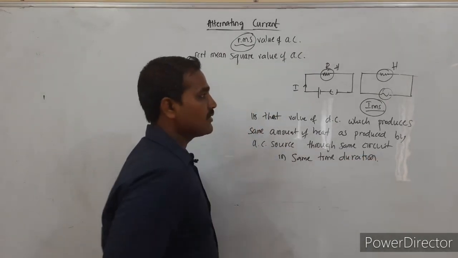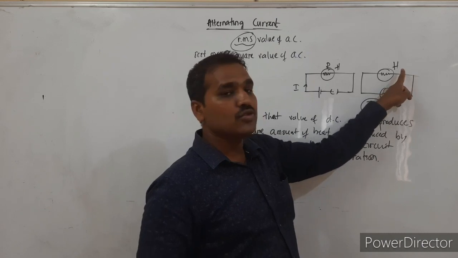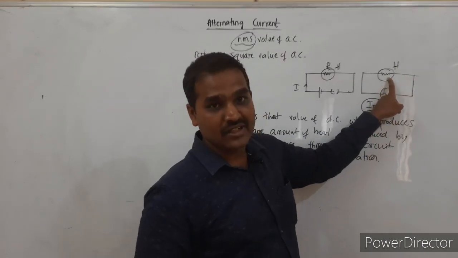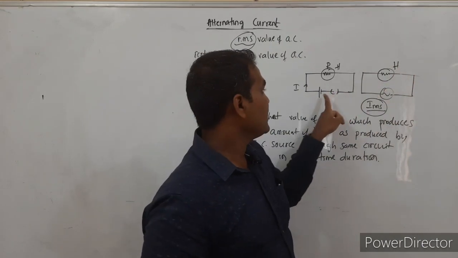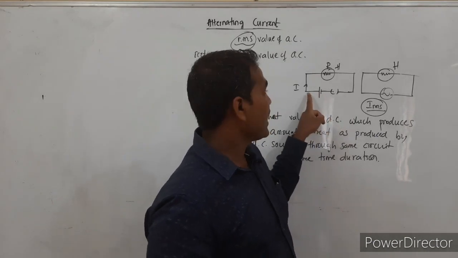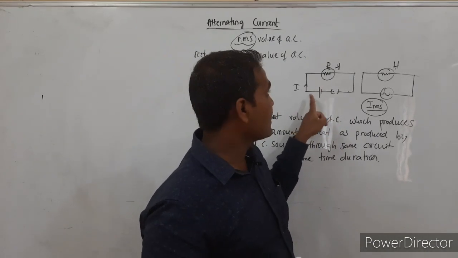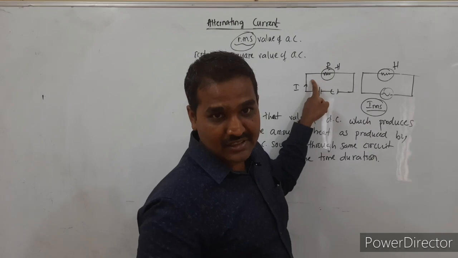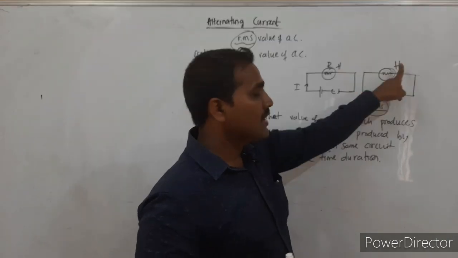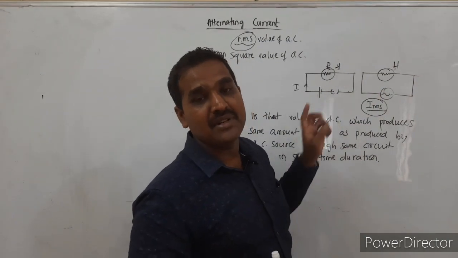Let us consider in the given time duration the heat produced by the AC source in this resistor is H. So in this DC source I should consider the value of current such that the heat produced in this resistor should also be equal to H in the same time interval.